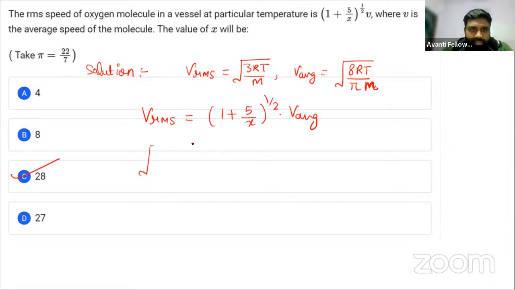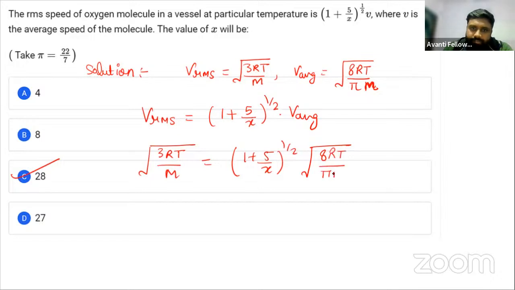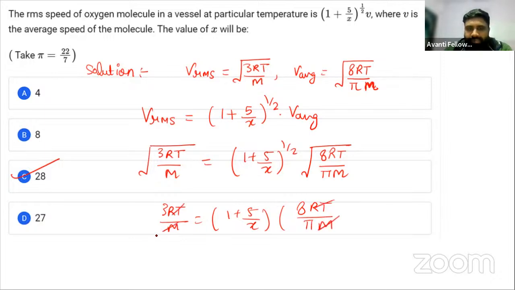So VRMS here is square root of 3RT upon M, let's say this is M, is equal to (1 plus 5 by x) raised to the power half into square root of 8RT by pi M. So if you square it on both sides, it will become 3RT upon M equal to (1 plus 5 upon x) into 8RT upon pi M. So this RT upon M will cancel out.